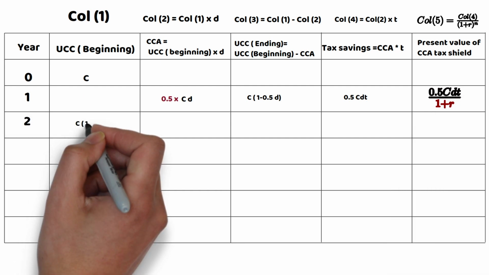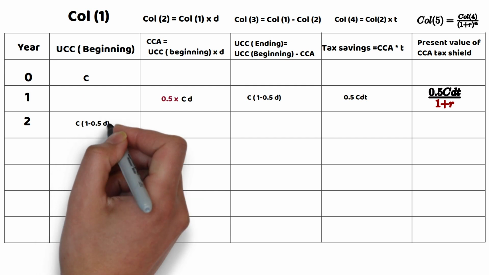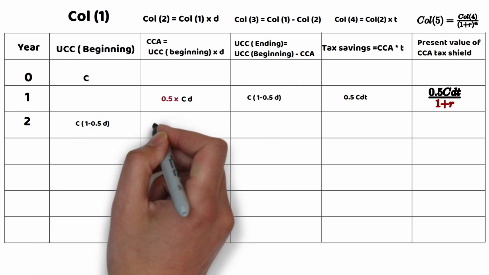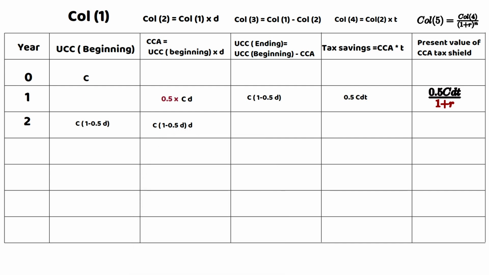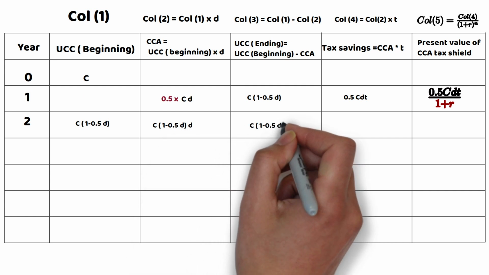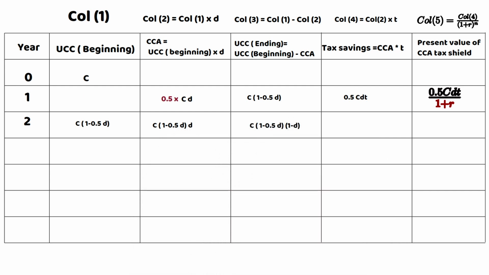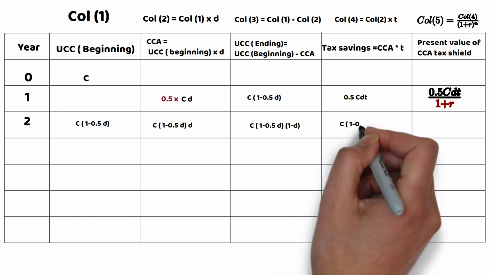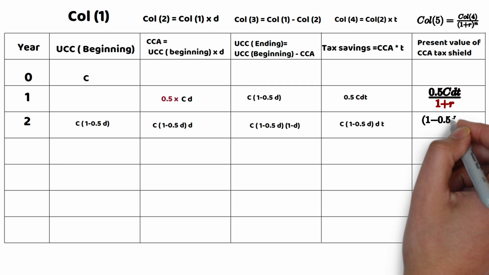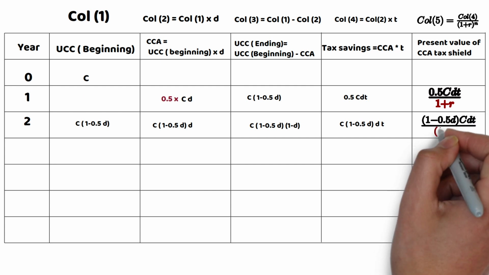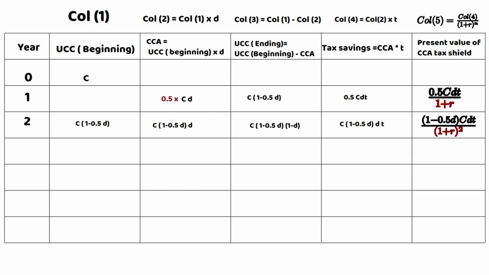For year 2, the beginning balance is year 1's ending balance, multiplied by D, and that is the CCA. The difference of the beginning and the CCA is the ending. Tax saving is CCA multiplied by T, and the tax saving divided by (1 plus R) squared is the present value.